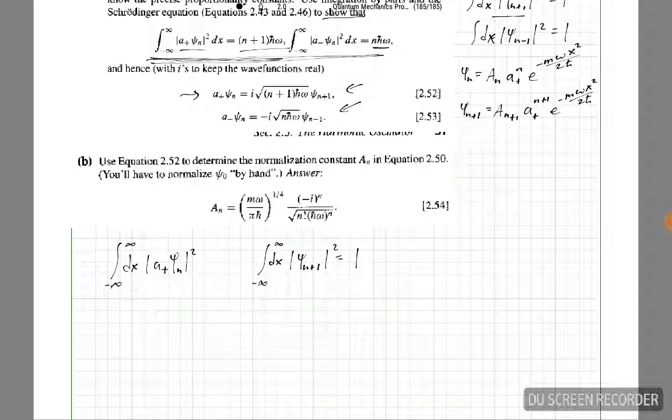This first integral is not equal to 1 because our normalization constants are not the same for each energy state. What we're going to try to do is solve for the factor that these two differ by.